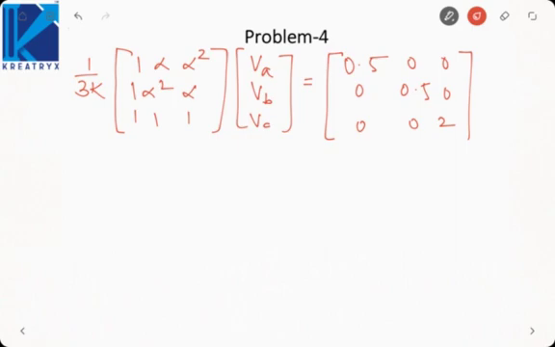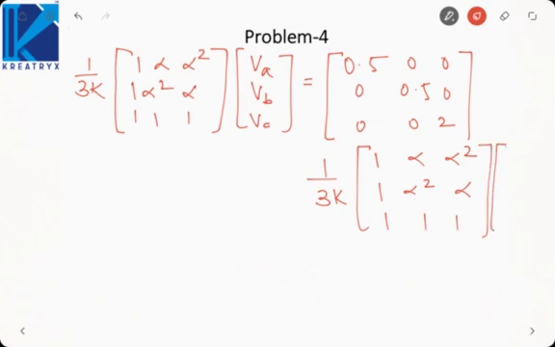Ip, In and I0 can also be replaced like this, that is 1 by 3K [1 alpha alpha square; 1 alpha square alpha; 1 1 1] into IA, IB, IC.